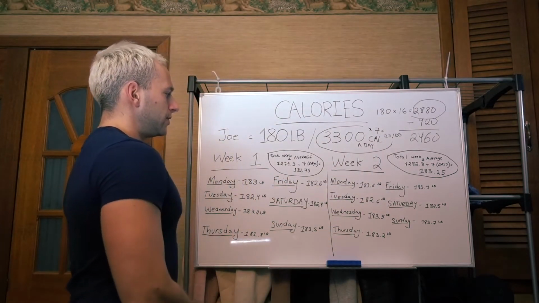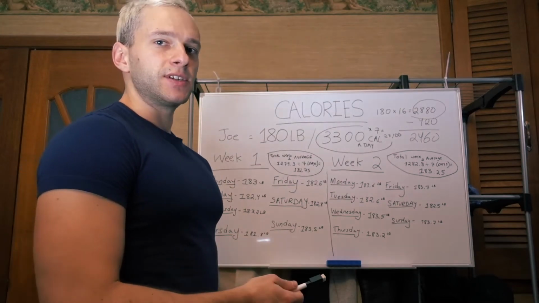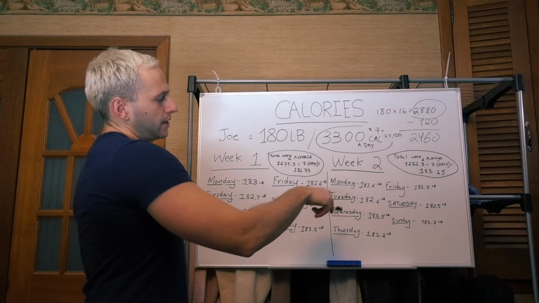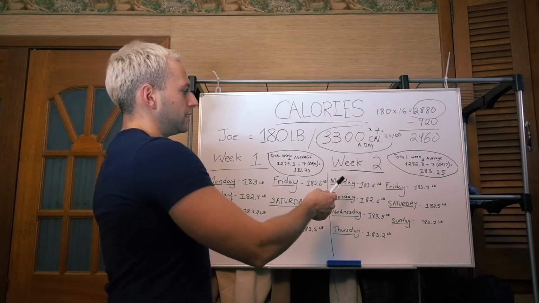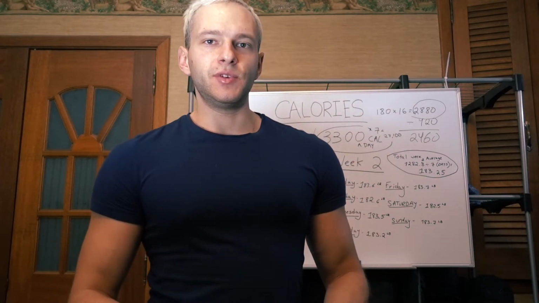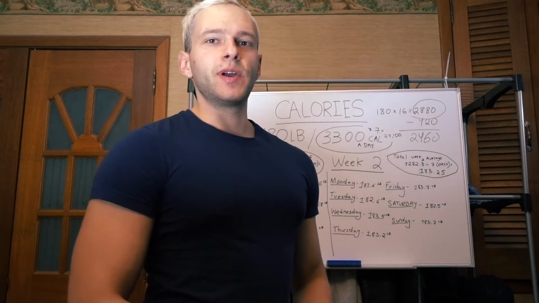So now what Joe would do is the same exact process. He would go ahead and weigh himself every single morning from Monday through Sunday, week 1, and then he would do the same thing in week 2 and take the total weekly averages and subtract and see how much weight he's losing. So that's how you calculate your calories the most accurate way possible.